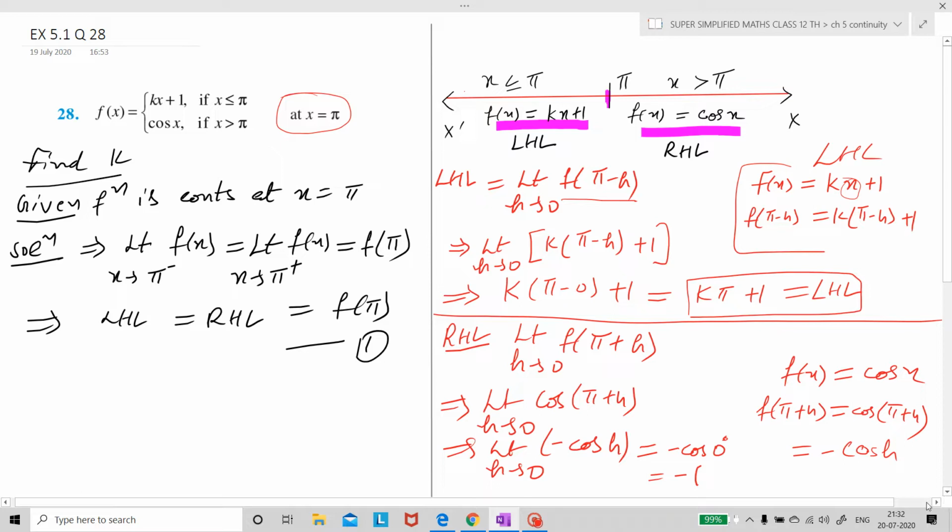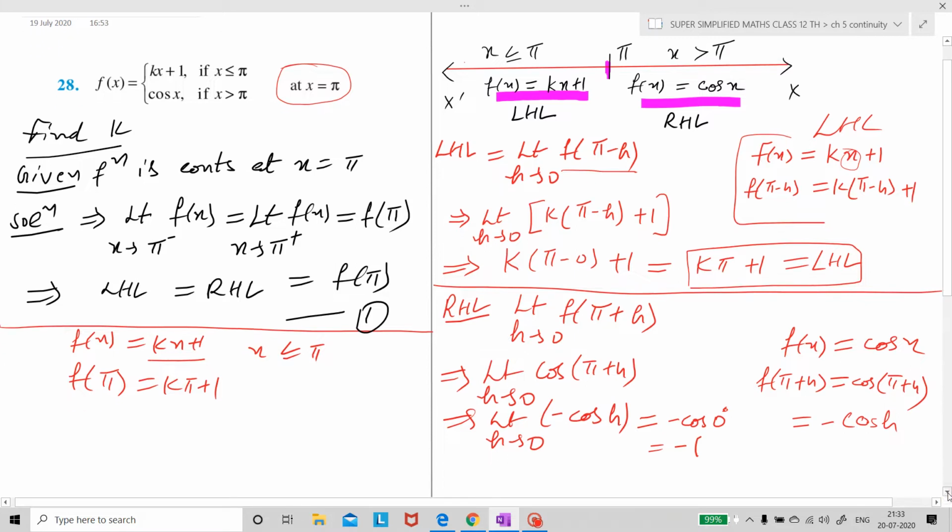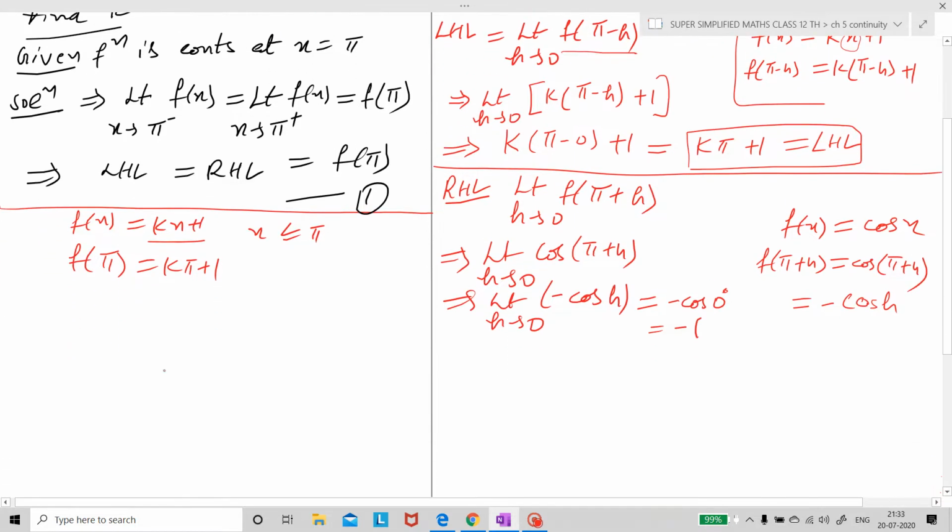Now we have to see what is the value of the function at the point pi. So now you can see here f(x) is kx plus 1 when x is less than or equal to pi. It is given to you. That means if you have to find out the value of the function at pi, you have to use this function. So f at pi will be equal to k pi plus 1, which is the same as the left hand limit. Now we recall equation number 1.